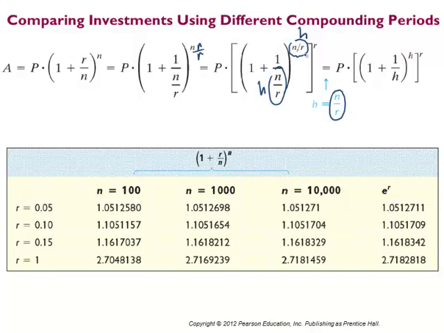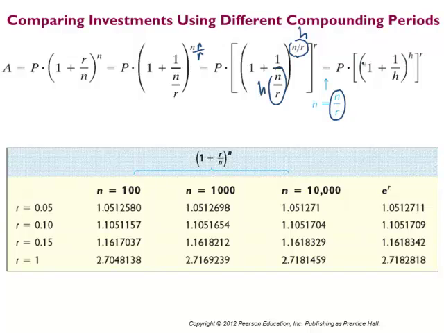Now, the larger that n becomes, the larger that h becomes. R is going to be fixed. So when n becomes infinite in size, that means h is going to become infinite in size.